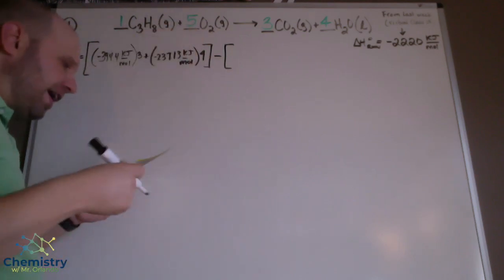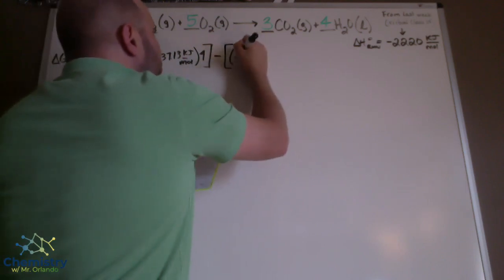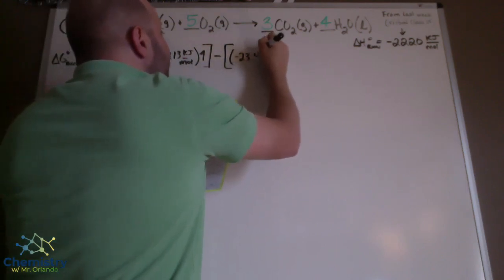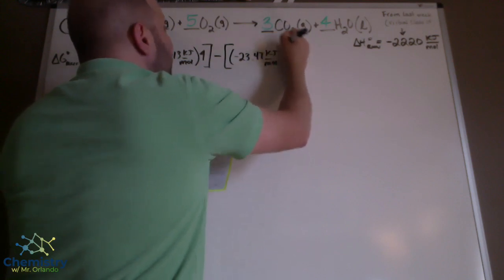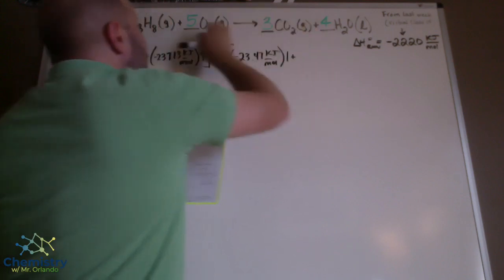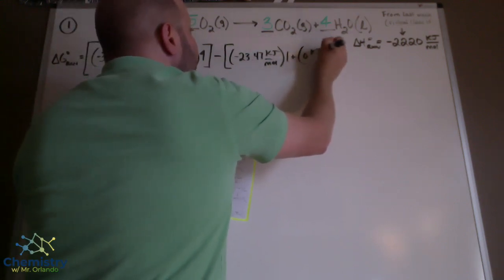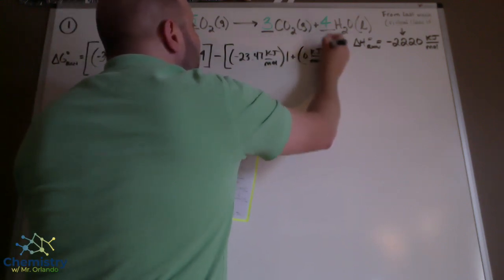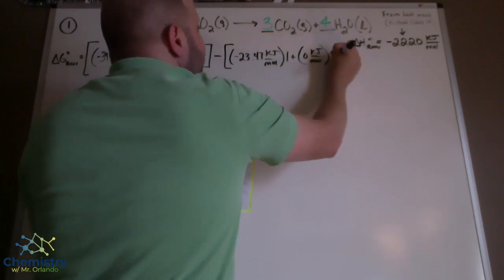My first value is the value for propane, which is negative 23.47 kilojoules per mole. I'm going to multiply that just by 1. Plus the value for oxygen. Now the free energy value, just like the delta H value, for an element in its natural state is 0. So this is going to be 0 times 5.